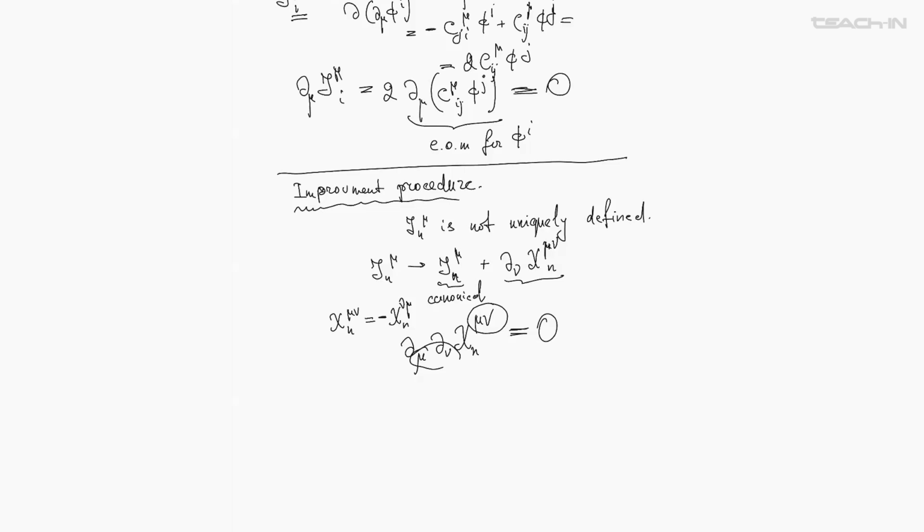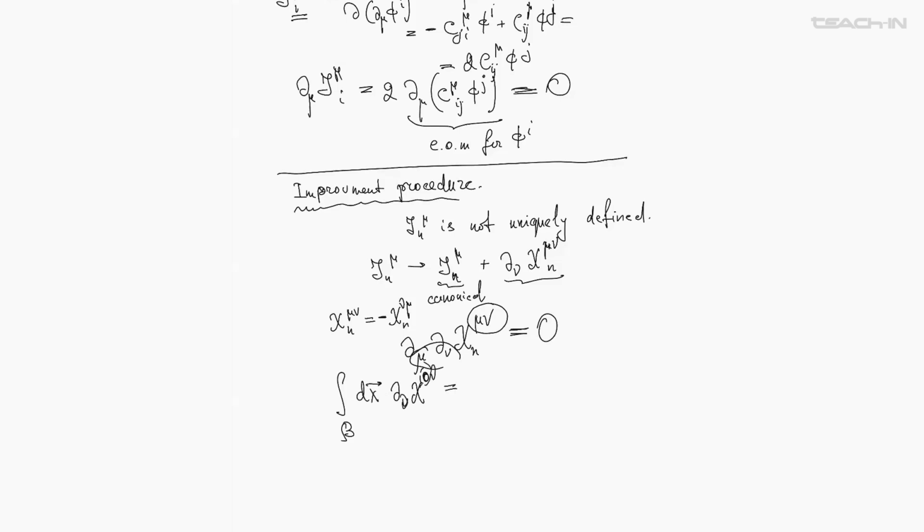Moreover, if chi is a function of fields which vanish at infinity, it also does not break the conservation of the Noether charge, because what you need to add is the integral over the ball of the quantity d nu chi nu 0, where this is the time component of the function chi.